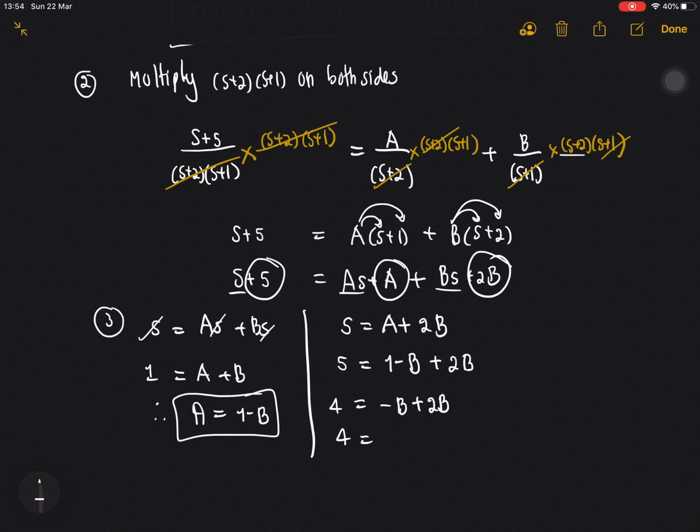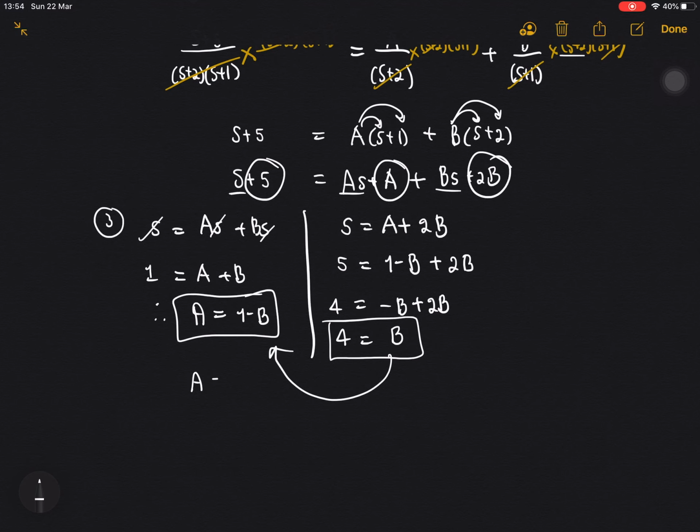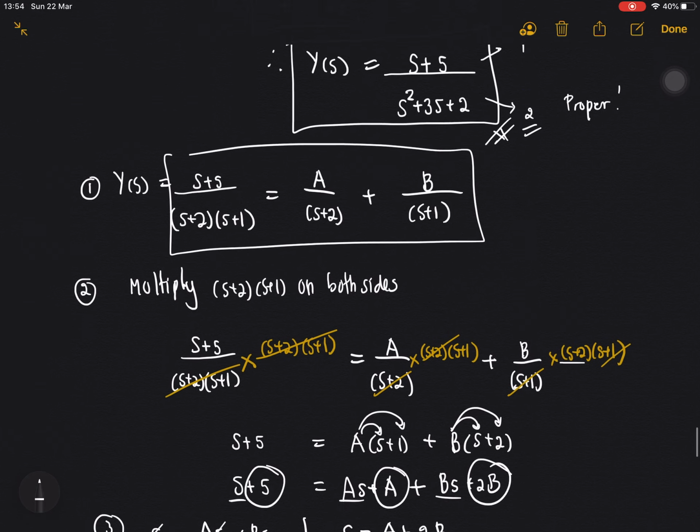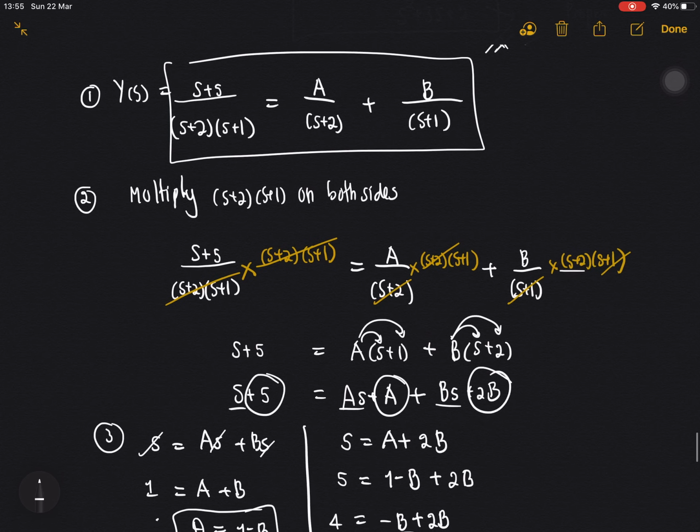So you get minus 1 plus 2, that becomes the value of b. So therefore your value of b is equivalent to 4, and then you substitute that into the value of a. Therefore a here is equivalent to 1 minus 4, which is equivalent to minus 3, right? So now you go back to your first step, right?